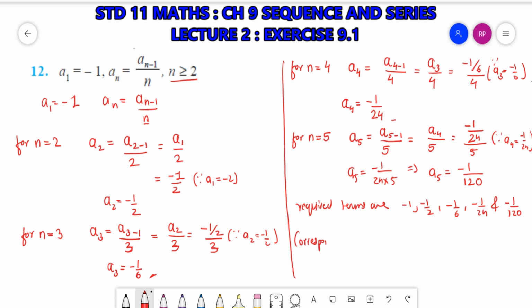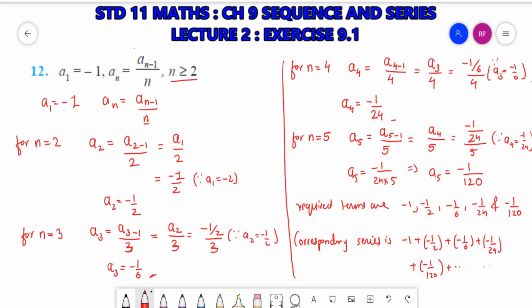And the corresponding series is, let's write it this way: minus 1 plus minus 1 by 2 plus minus 1 by 6 plus minus 1 by 24 plus minus 1 by 120, and so on. So this is the corresponding series.